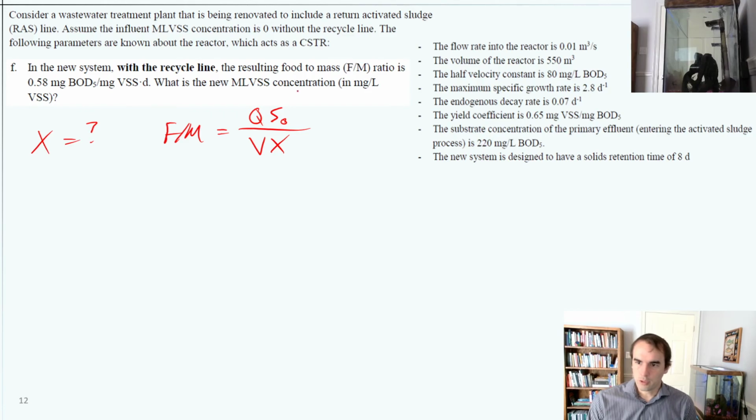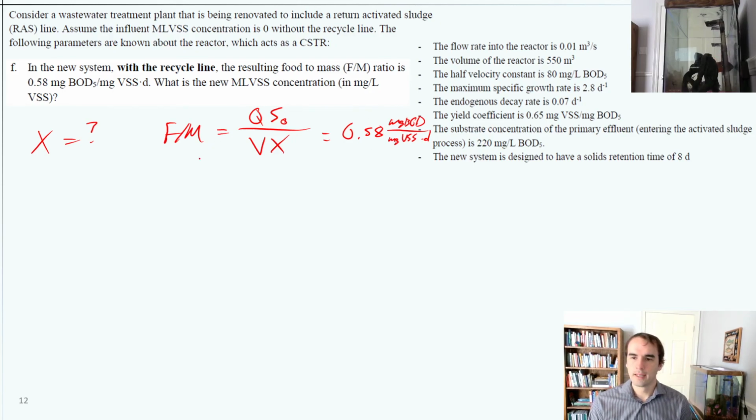So our food to mass ratio, the amount of food versus the amount of mass per time. We are given the food to mass ratio. We know this is equal to 0.58 milligrams BOD per milligrams VSS per day.